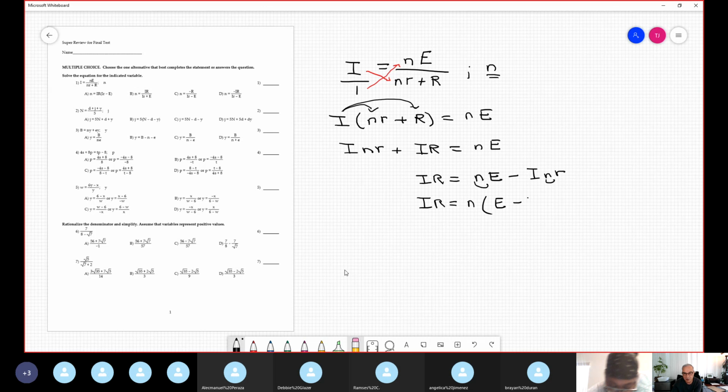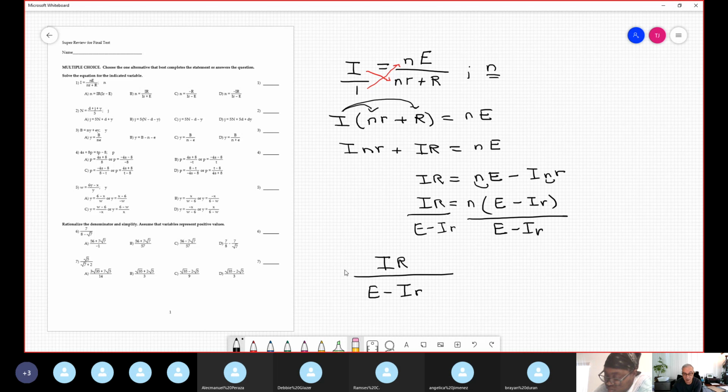Inside you have E minus IR. Finally, if you want to solve for M, you divide both sides by E minus IR. So my final answer is IR, capital R, no? Divided by E minus IR, little r, is equal M. And it's the final answer.